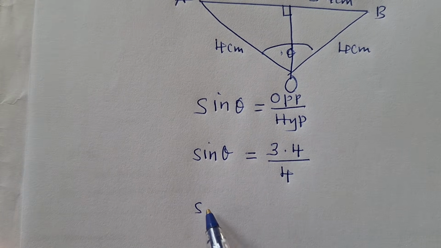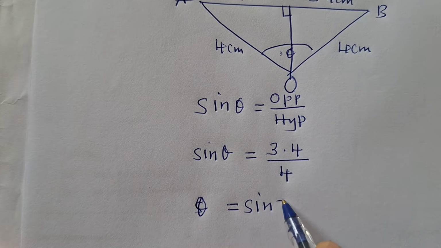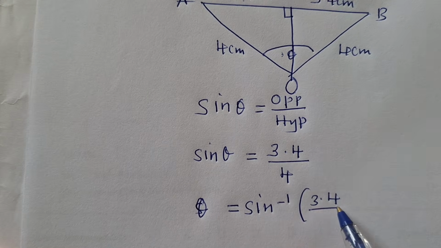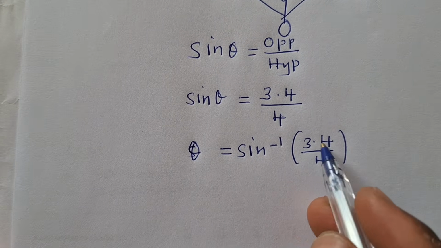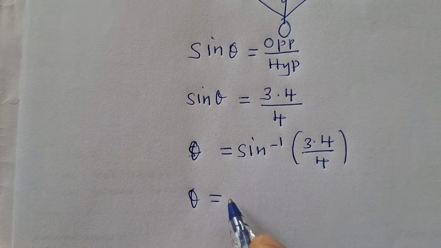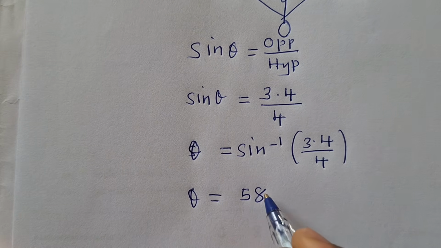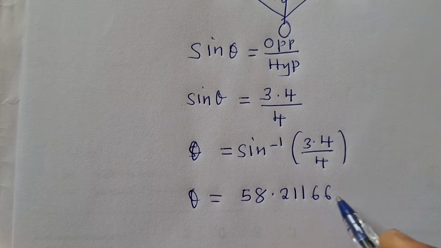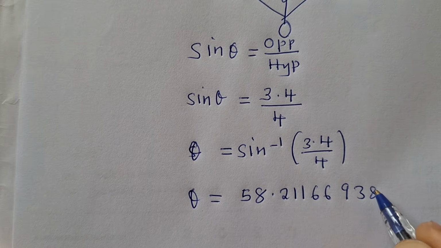So I simplify further. This will be theta is equal to sine inverse of 3.4 over 4. So when we punch it on our calculator, sine inverse of 3.4 over 4, theta will be equal to 58.211669338.